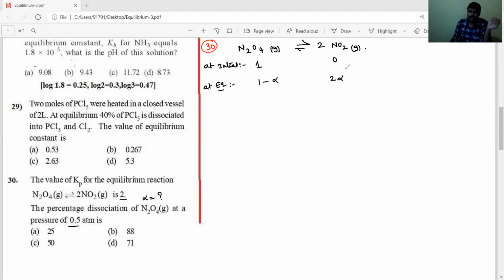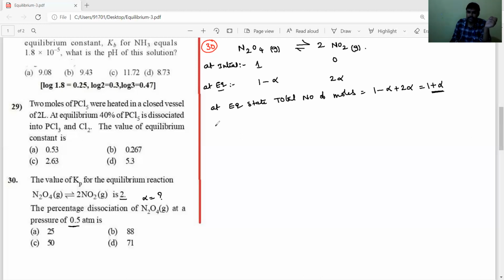Now the total number of moles at equilibrium, reactants and products: how many moles are present, dear students? 1 minus alpha plus 2 alpha is nothing but 1 plus alpha moles in total.